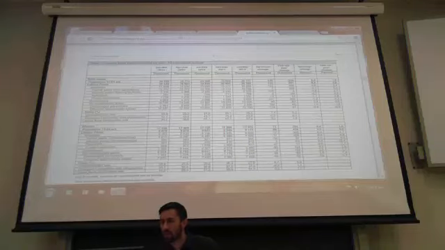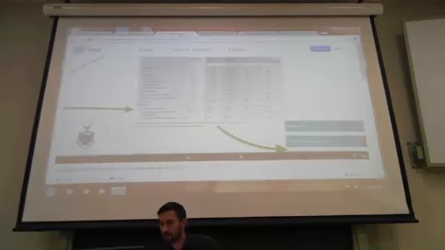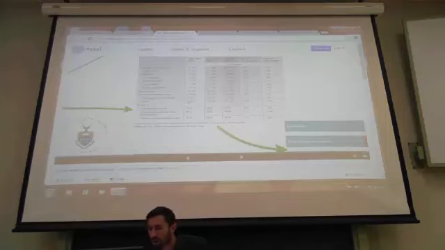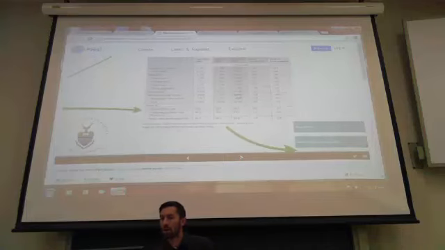Well, actually this other table is going to be a little bit easier because that one's got too much information. So here's our labor force, and here's our not economically active. So we take the not economically active, we add it to the labor force, and we get the population.